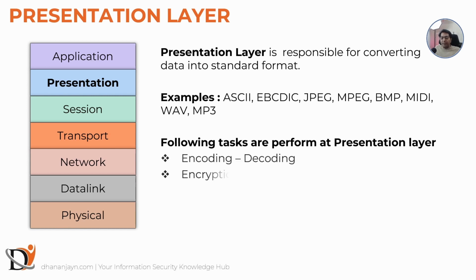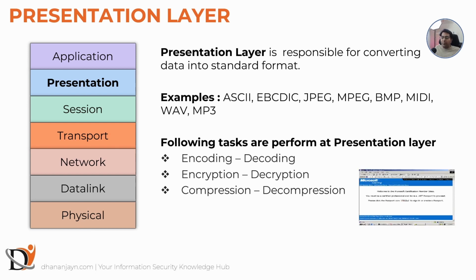If we want to understand the functions of this layer: encoding and decoding, encryption and decryption, and finally compression and decompression. These are the three primary tasks done at the presentation layer.